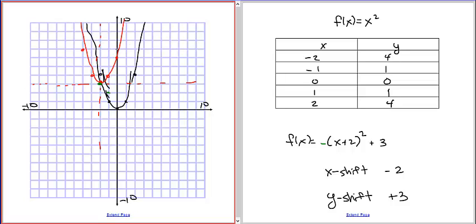I went up 3, 4. Okay. So you go over 1, down 1 instead of up 1, over 2, down 4, 1, 2, 3, 4. Then you go the other way, over 1, down 1, over 2, down 4, 1, 2, 3, 4. Okay, they're all matching up this time, and then you can sketch that in. So I want at least these 5 points for parabolas.